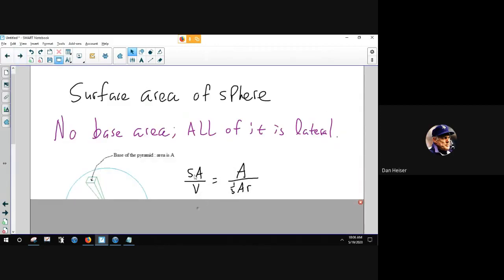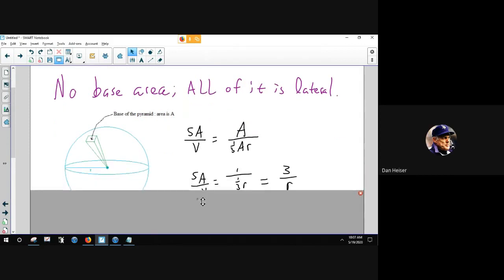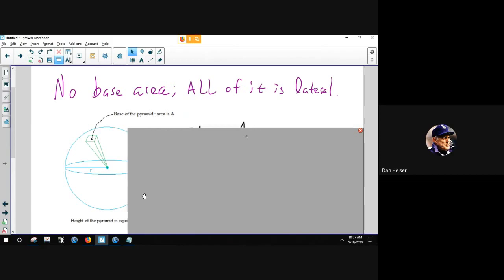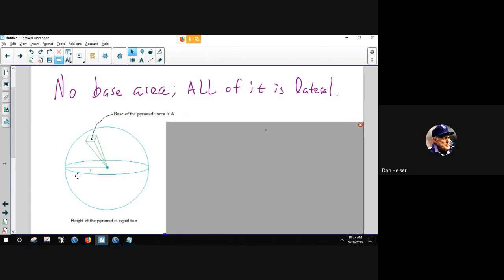So we'll start with this figure. Here I have a sphere. And what's happening here is there's this pyramid that's sort of drawn on the surface. Now again, we know that because the sphere has constant curvature, these are not perfectly straight.